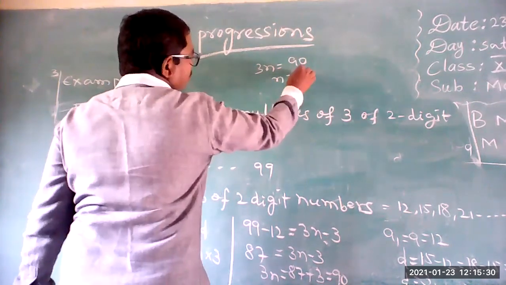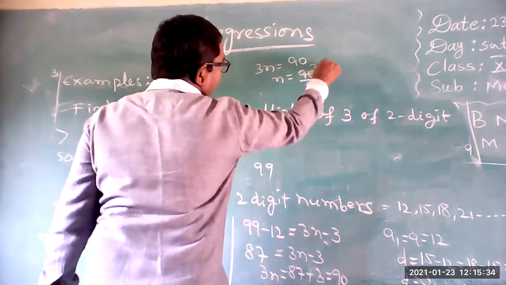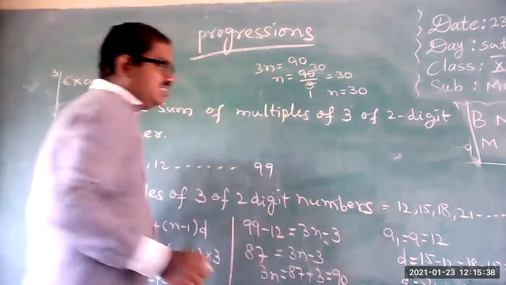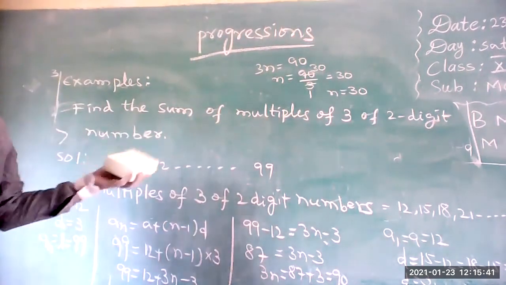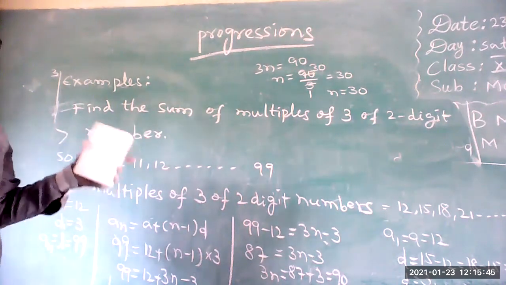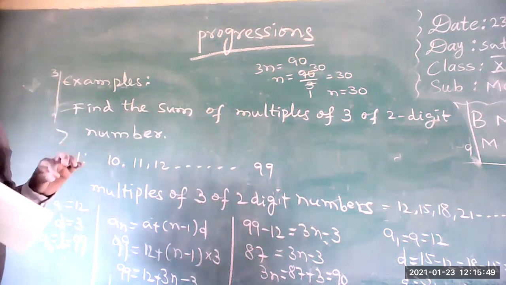So n equals 90 by 3, which is 30. So the value of n is 30, which means between 12 and 99, the multiples of 3 among two-digit numbers have 30 terms.